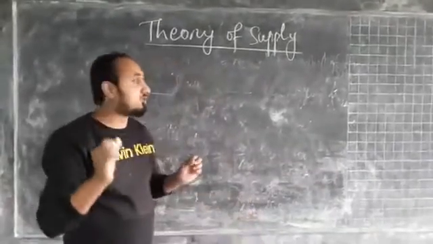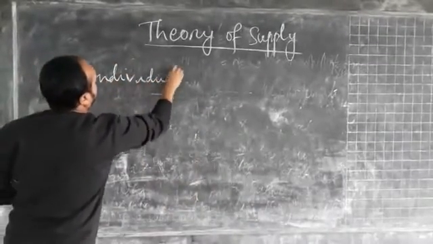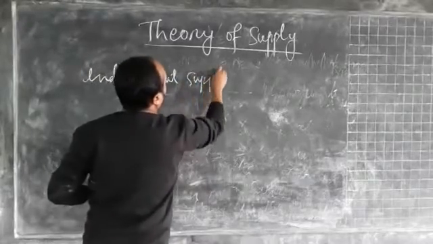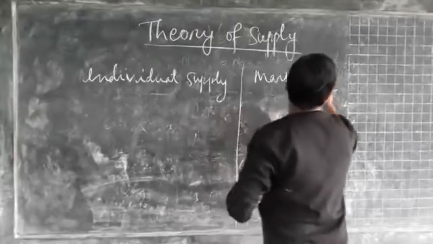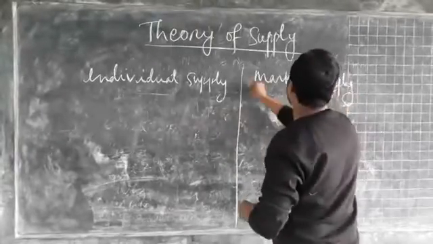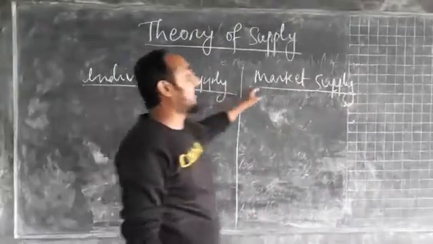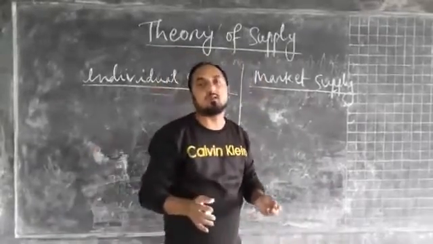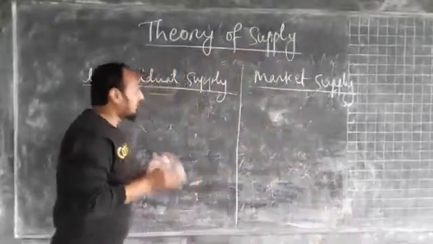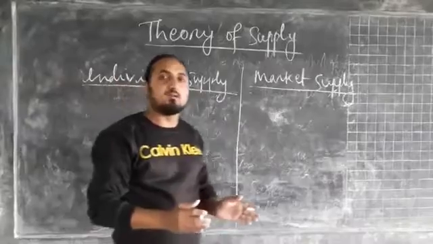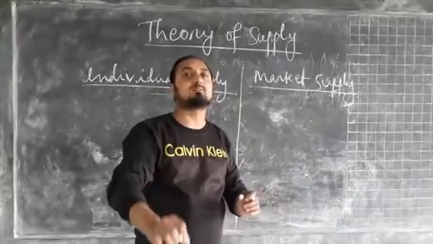Okay, the next concept I am going to explain is individual supply and market supply. So there are two things, individual supply and market supply. For individual supply, if you know the definition of supply, it is the same. The quantity of commodity that the producers are bringing to a market and offering for sale at a particular price during a particular period of time, that concept is known as supply.